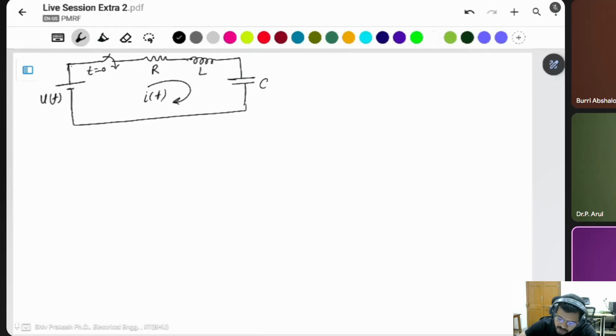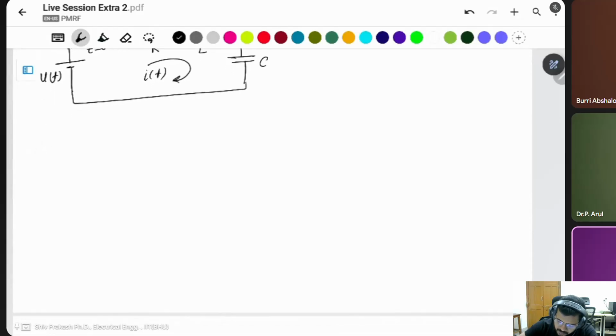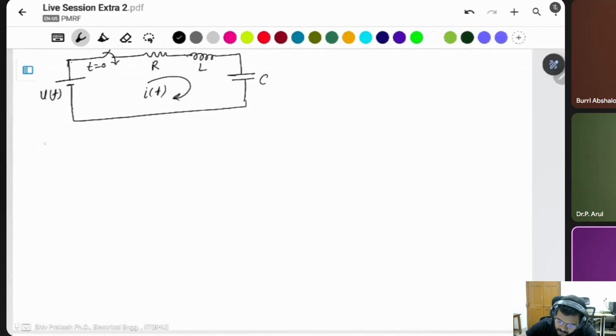Suppose you want to solve this question by a differential equation. Then you apply KVL to the circuit.